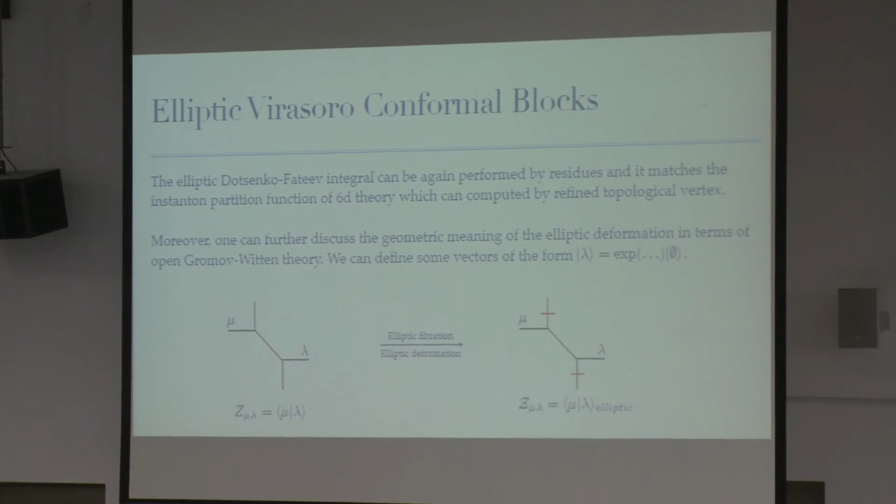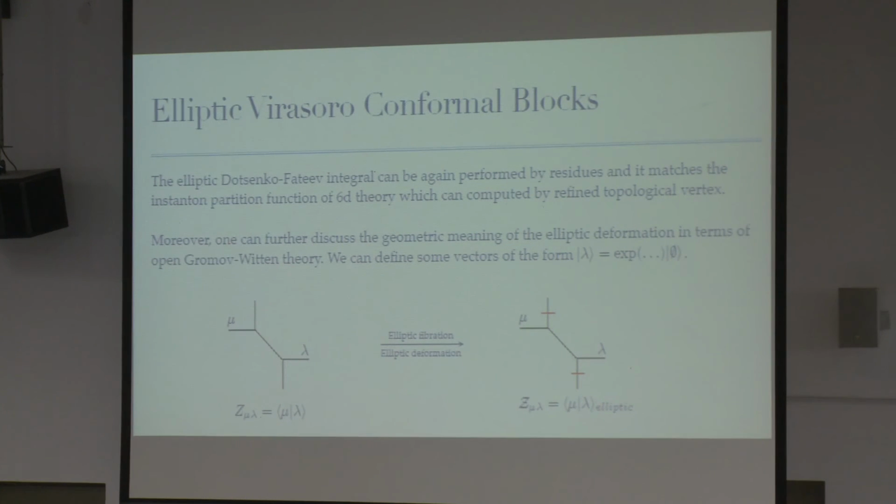Okay, before I end, I also want to add one final remark about this algebraic elliptic deformation, because there has been some work by Awata and his collaborators understanding refined topological strings, especially the refined topological vertex, from an algebraic point of view in terms of the Ding-Iohara algebra.